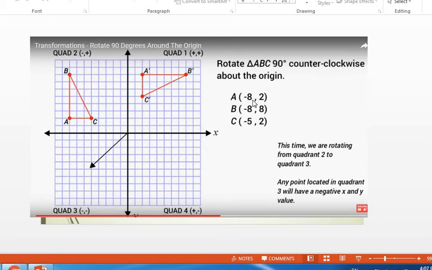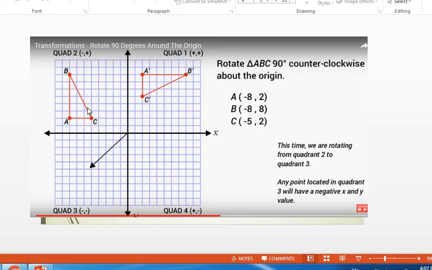found out the numbers on the coordinate plane: A will be negative 8 and 2, B will be negative 8 and 8, and C will be negative 5 and 2. So here he asks me to rotate this triangle 90-degree counterclockwise, this way.